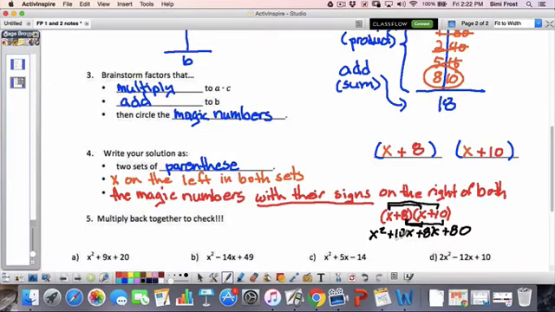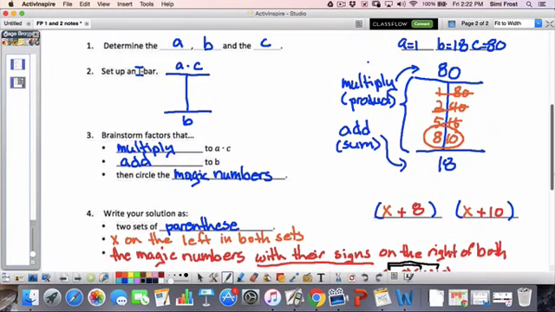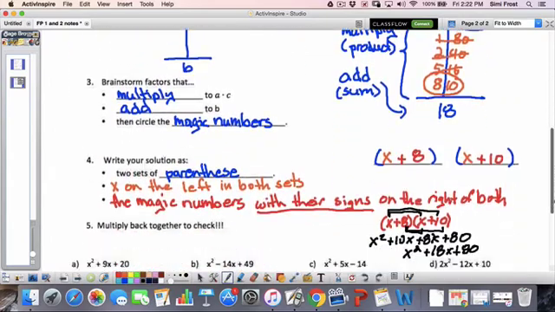I'm always going to be able to combine these middle terms here. They both have an x on them, so I get x squared plus 18x plus 80. And let's just double check that that is what we started with, and it is.